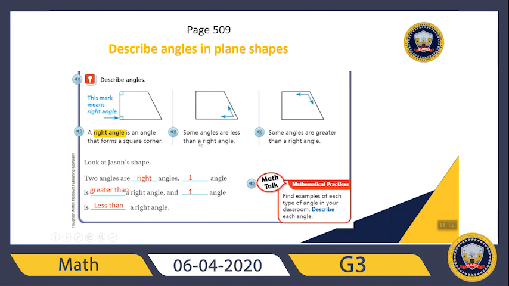Some angles are less than a right angle, as this, and some angles are greater than a right angle, as this. By looking at Jason's shape, 2 angles are right angles, one angle is greater than a right angle, and one angle is less than a right angle.